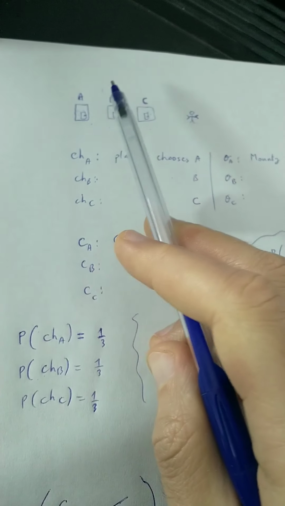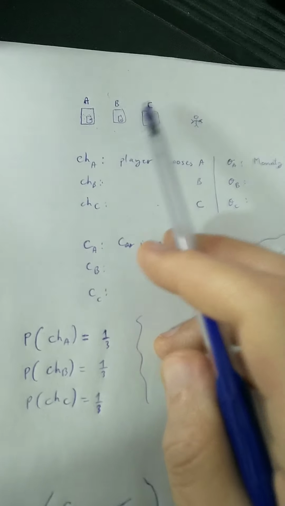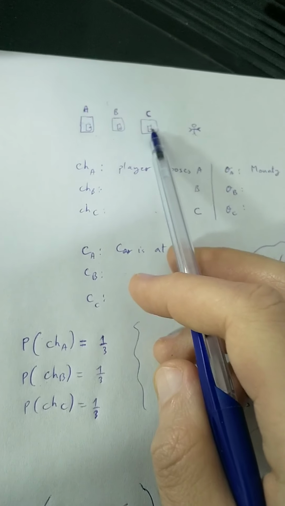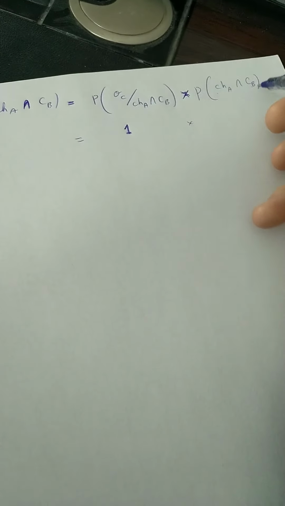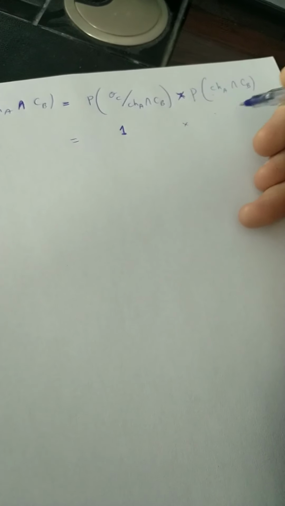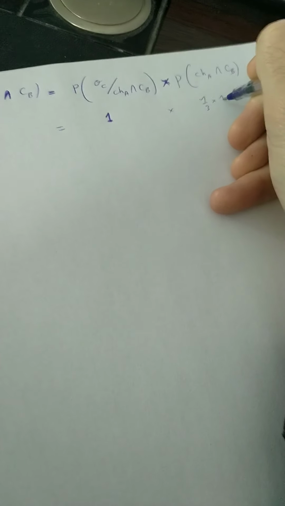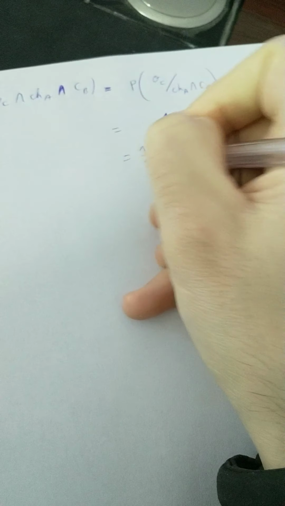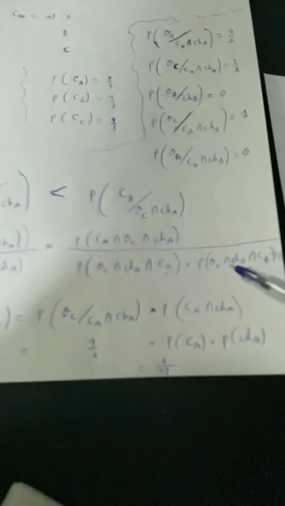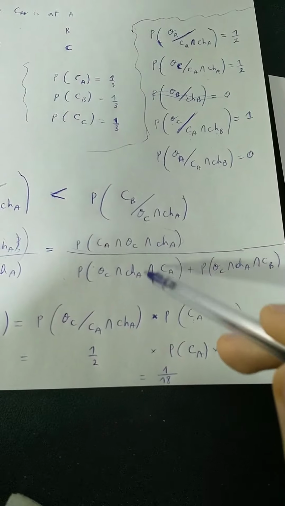You've chosen A, the car is at B. Monty already knows it, so he would open C. So the probability that he would open C is 1. Times, again, these two are independent, so it's 1/3 times 1/3. All in all, I'm sorry, let me focus the camera. This is 1/9. Now, this is 1/9, this is 1/18, this is 1/18.